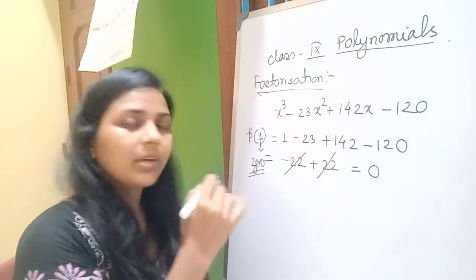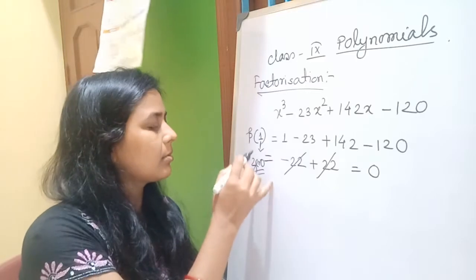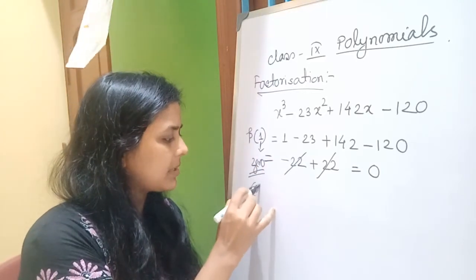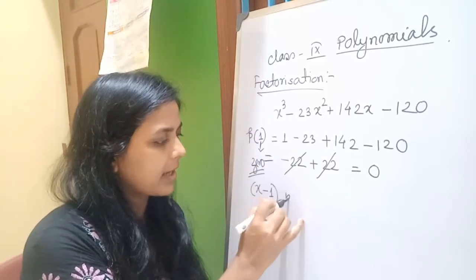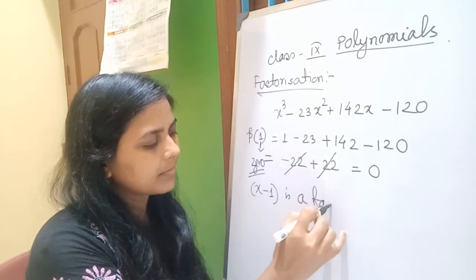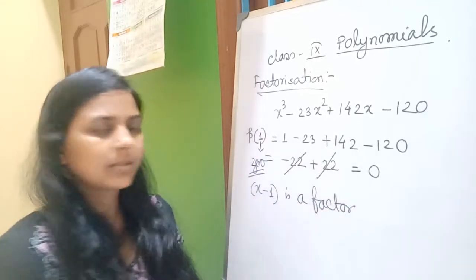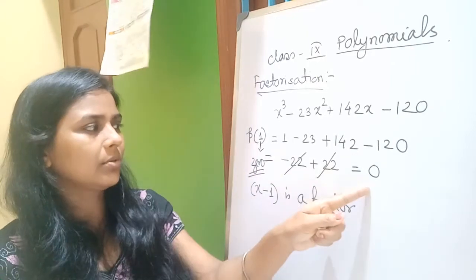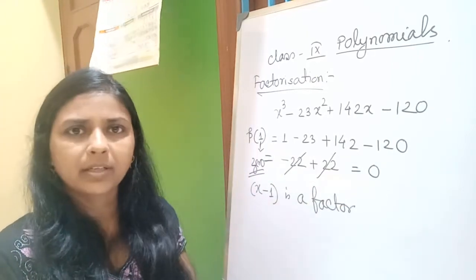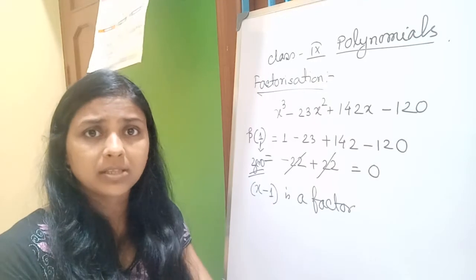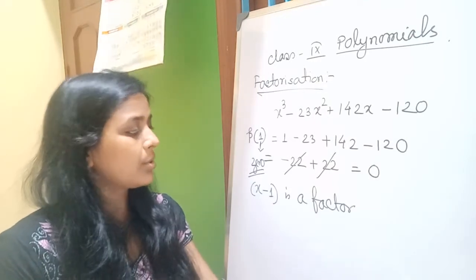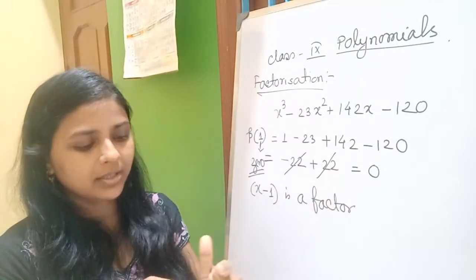And we all know by the factor theorem, p of 1 is 0, so x minus 1 is a factor. We have already done this in previous sessions.